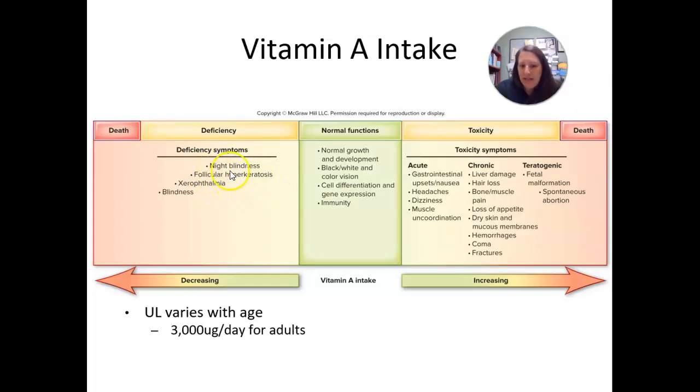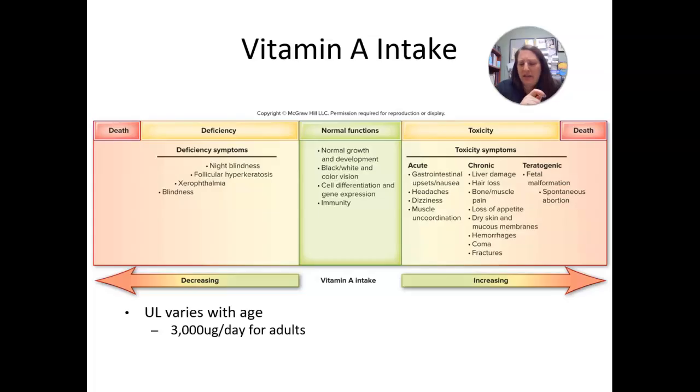So this is a skin issue in which individuals end up with kind of clogged follicles, hair follicles. This can happen really on any part of the body, but it's very common on the upper arms, upper legs, the buttocks region. Individuals who have this will have kind of bumpy skin.